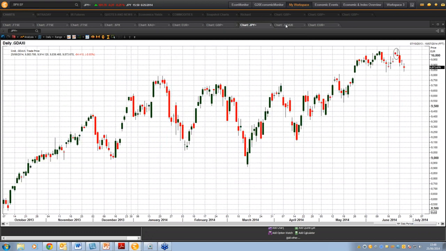Okay, I'm going to finish off with the DAX, because this is the DAX on a daily chart. You've had a bearish key one day reversal. Just got to be careful on the DAX, I think, because on this chart there's just gap after gap after gap. It leaves me a little bit concerned as to how to play the DAX because of the enormous amounts of gaps that you get.